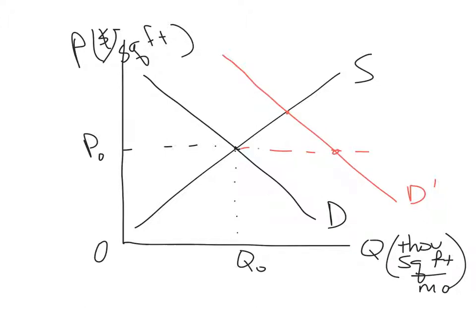Well, over time, we see that the quantity demanded exceeds the quantity supplied, and that shortage continues to grow with time. Now, sometimes people can take their apartments off the market and turn them into condominiums.